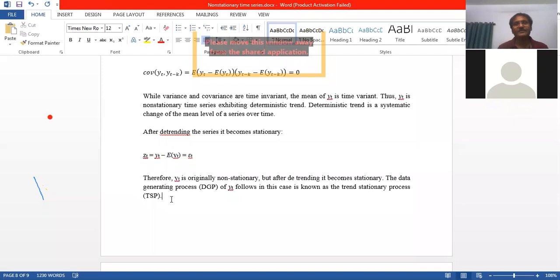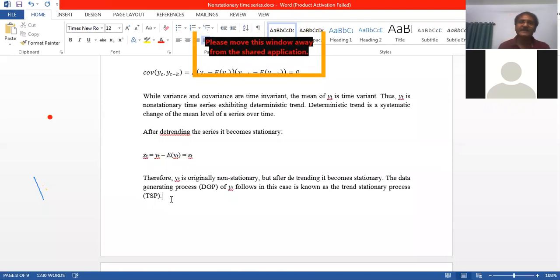Then we redefine in terms of its moments in this way. If the mean value or variance is time dependent, then non-stationary. If the mean and variance are time independent, then it is stationary. So we can define stationarity and non-stationarity in terms of the moments of the distribution function if we can express the probability distribution in explicit form.